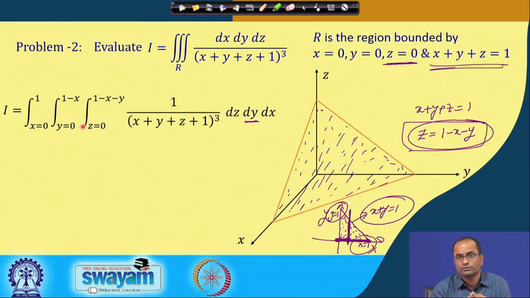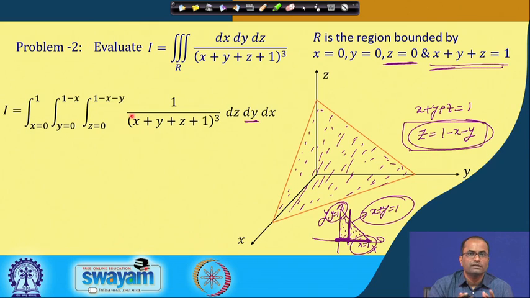So, it is entering this volume from z is equal to 0, and the exit point along the z axis was this plane x plus y plus z is equal to 1, or z is equal to 1 minus x minus y. So, fixing the limits of z was trivial in this particular case: z goes from 0 and leaves at z is equal to 1 minus x minus y.